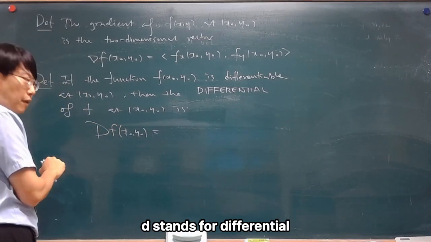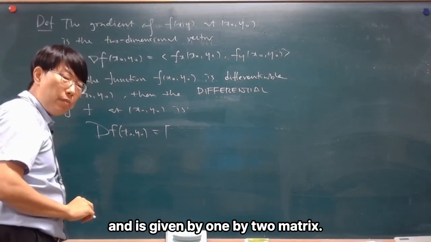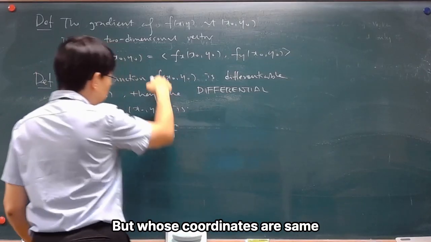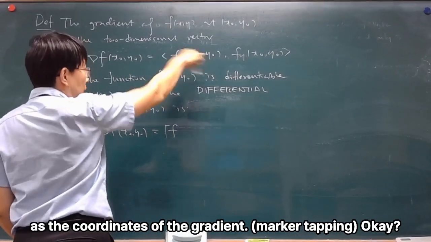D stands for differential, and it is given by a 1 by 2 matrix whose coordinates are the same as the coordinates of the gradient.